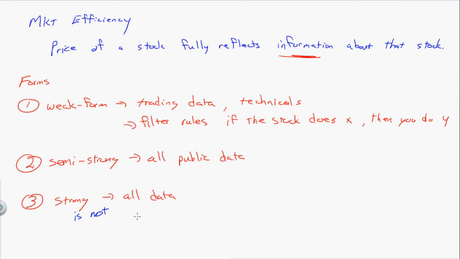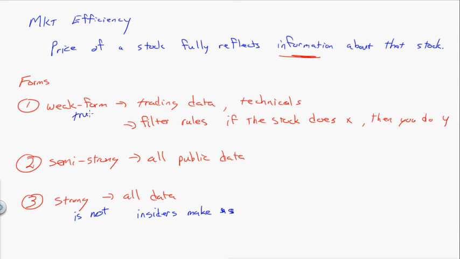It's not strong form efficient, which means if I'm an insider, I can make money. So insiders make money. Think of the movie Wall Street, the original one. Michael Douglas told Charlie Sheen, I want information, buddy boy. Information. I want to know stuff that other people don't know. So if I know something about Microsoft or GM or any company that you don't, I can make money trading that.